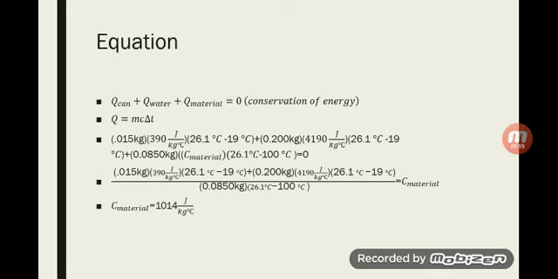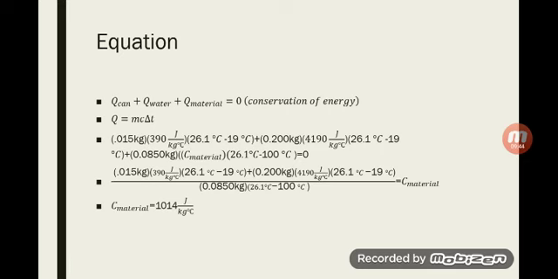Now, Q is equal to mc change of T. If we plug that in, the Q for the can is its mass, 0.15, its specific heat, 390, and its change in temperature, 26.1 minus 19. That's the Q of can, plus 0.200 kg times 4190 times 26.1 minus 19 degrees Celsius, and that's the Q of water.